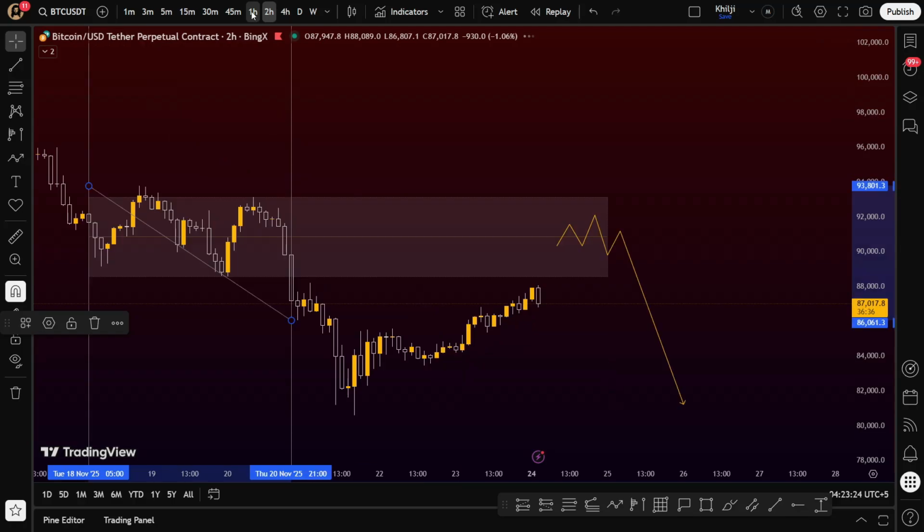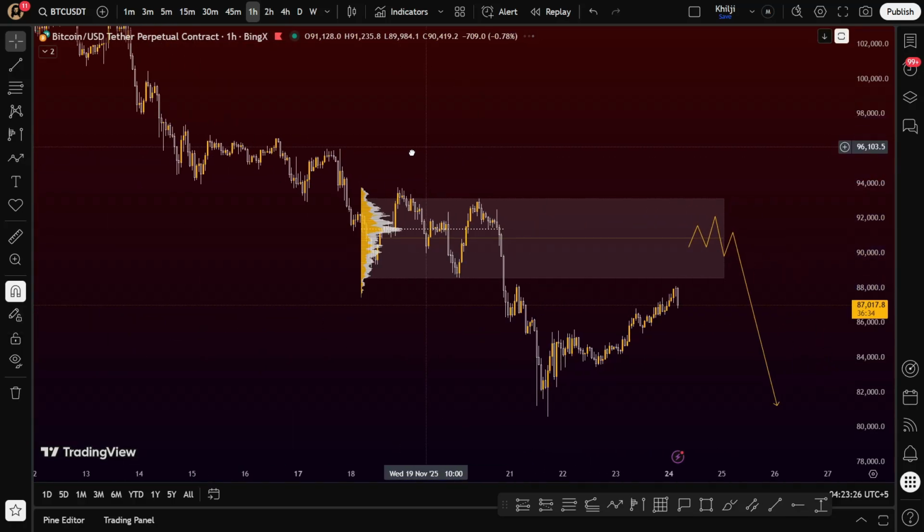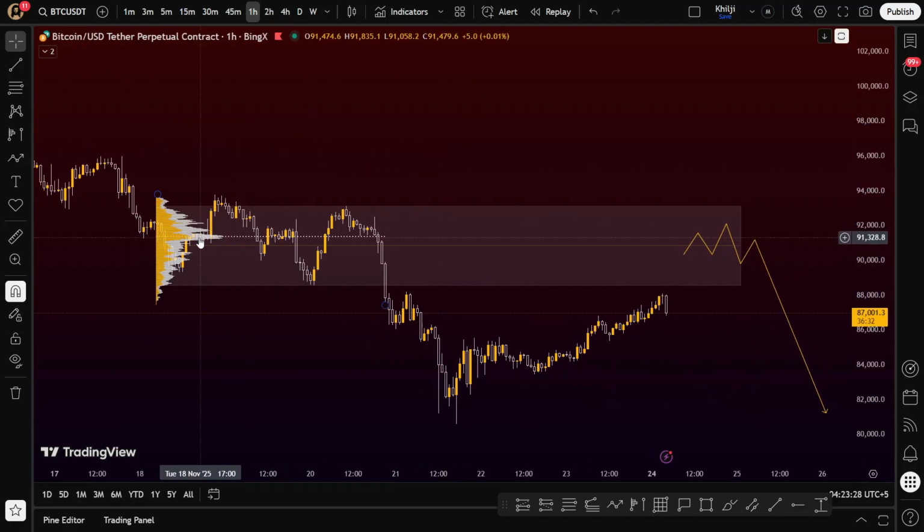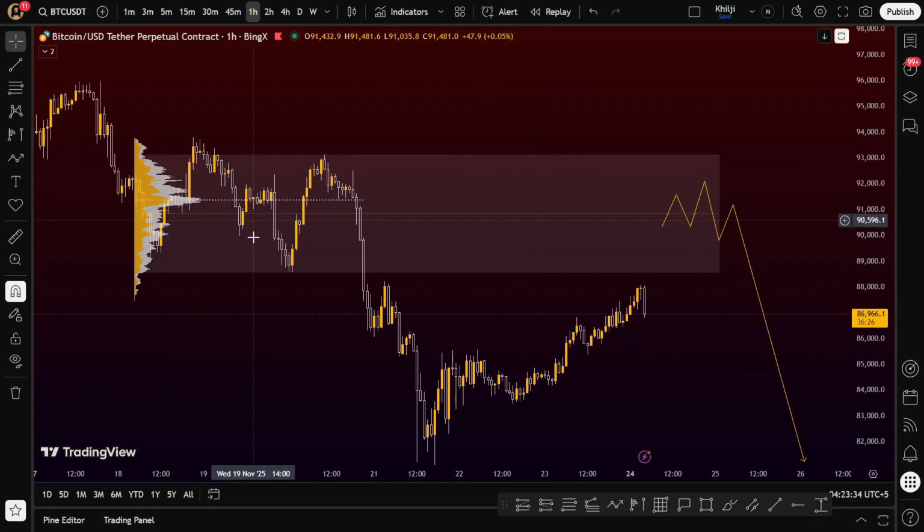And what it's going to do is give me the area where the price has traded the most. This is what the volume profile is. It gives us a certain type of hidden demand. Like, hey, this price point is where the price has actually traded the most.